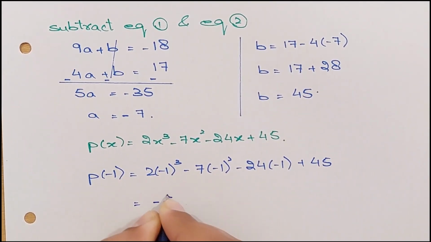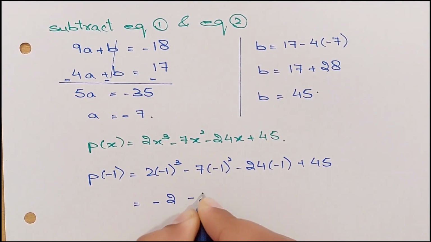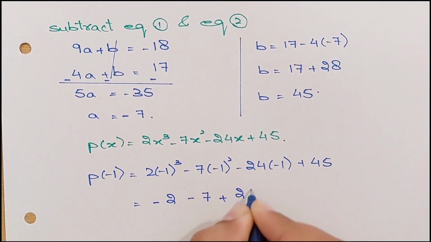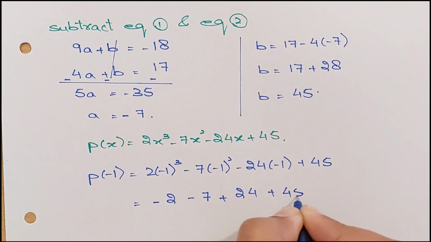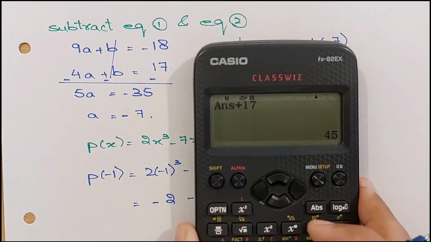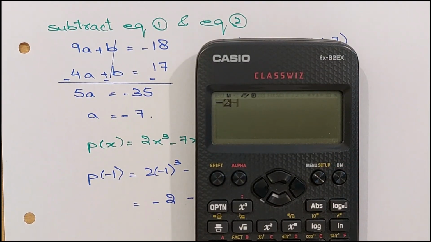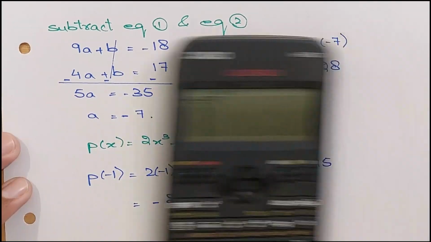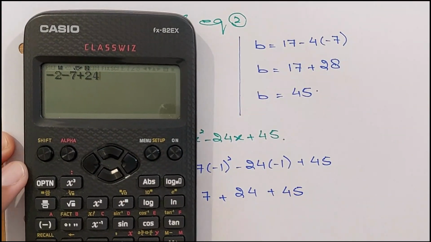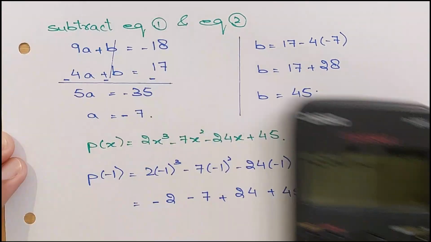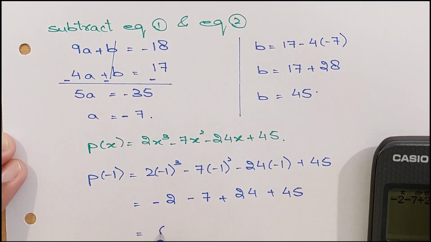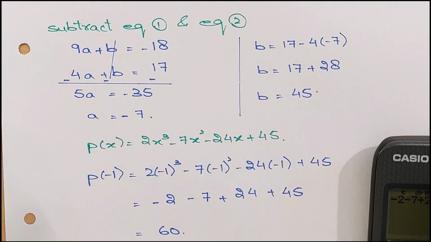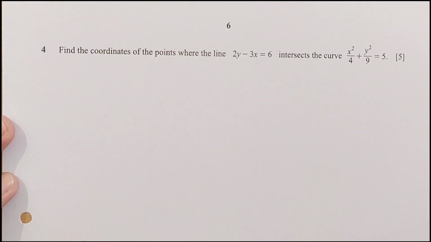So this is minus 2, minus 7 because minus 1 squared is positive, so positive 24 and positive 45. Let me solve the remainder. So this is negative 2, negative 7, and positive 24 and positive 45. This is 60. So the remainder is 60 when p of x is divided by x plus 1.